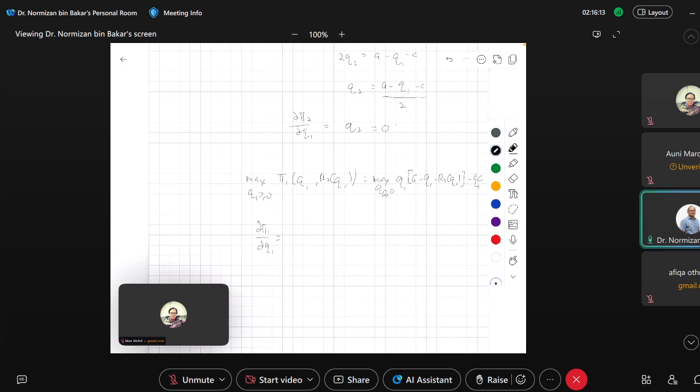Now we put in the response of firm two, and thus what we got is A minus 2Q1 minus C, so Q1 is A minus C over 2.